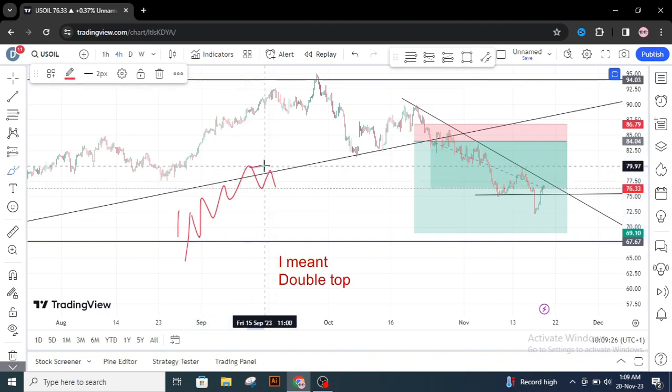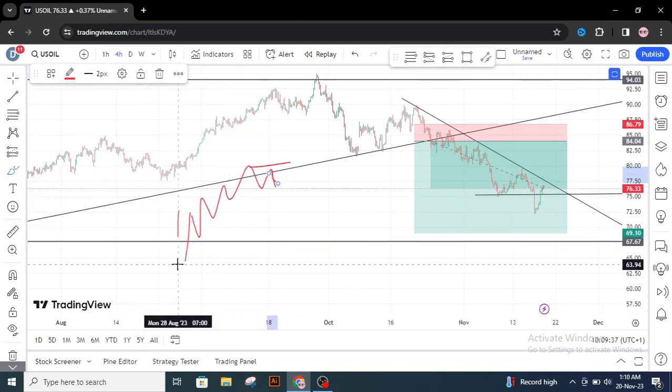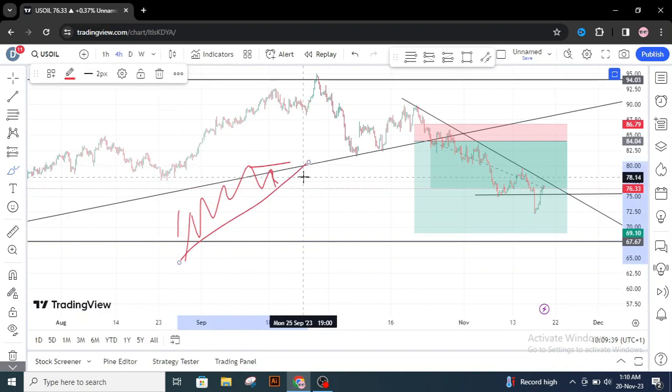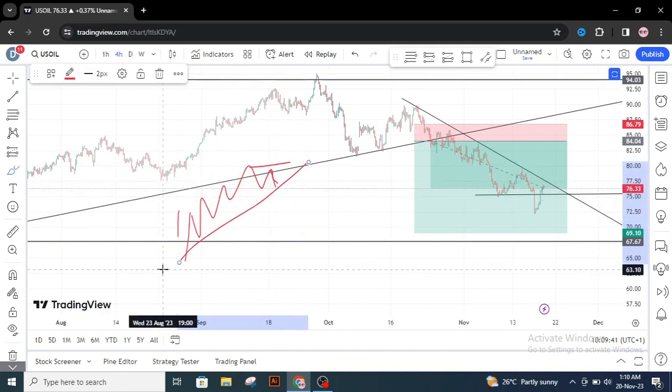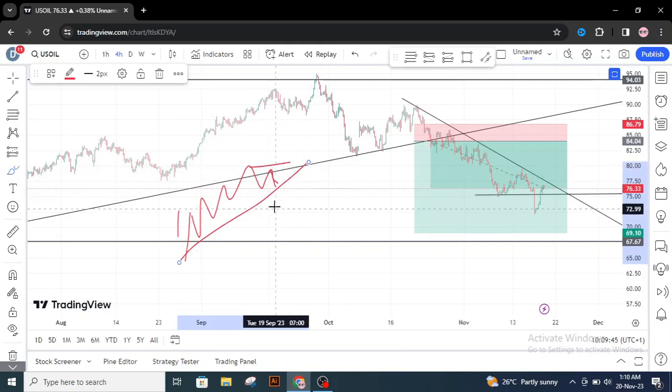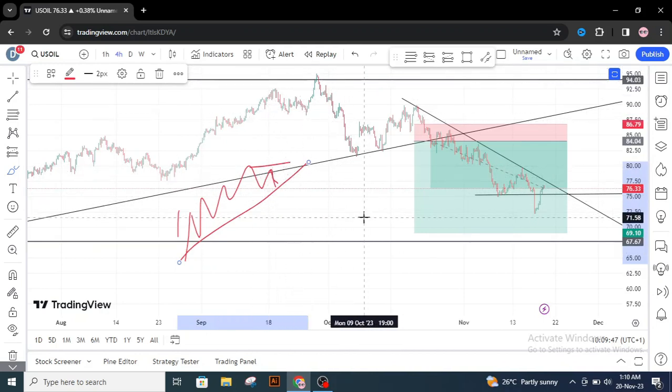So this place and this place are at the same level. In such a situation the same thing is applicable. As soon as you put your trend line here and it breaks, take your sell. This shows that the market is exhausted, just like the head and shoulder pattern.